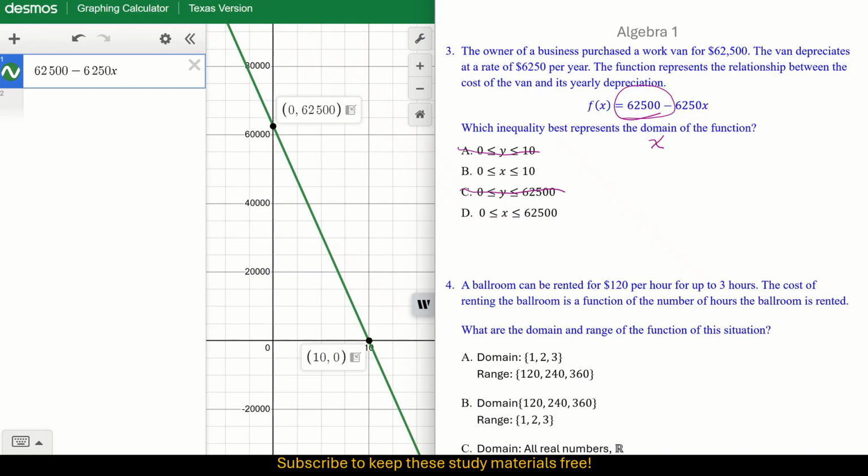Okay, so that would mean option B for us. And option D makes no sense because this is a B value. And that implies it's on the x axis. And I'm sorry, not the x axis, the y axis. And we are only concerned with the x axis. So option D actually makes no sense.